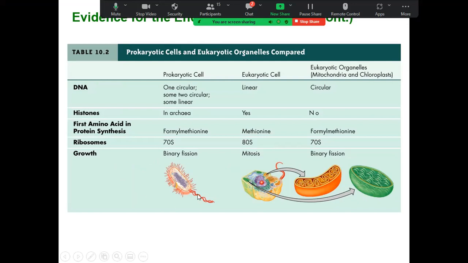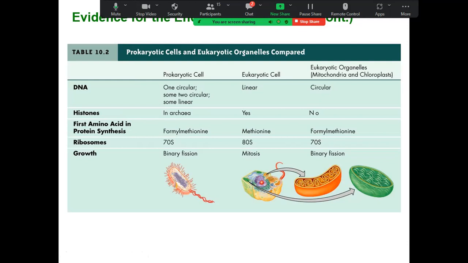First, I mentioned that the mitochondria and the chloroplast have two membranes. You would expect two membranes if a cell, like a bacteria, were to come into a larger cell like the proto-eukaryote or the eukaryote, because it should be surrounded by the cell membrane and then the vesicular membrane, the membrane of the vesicle. Okay.